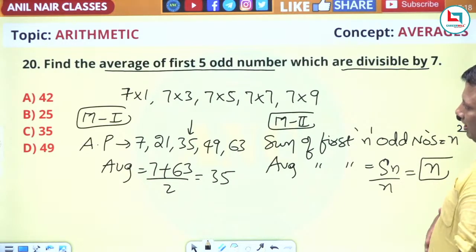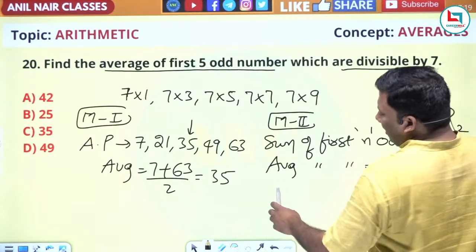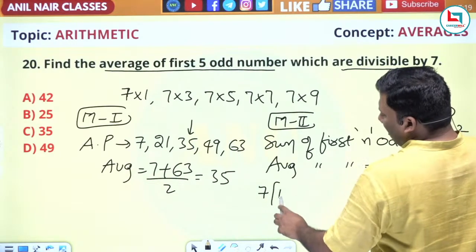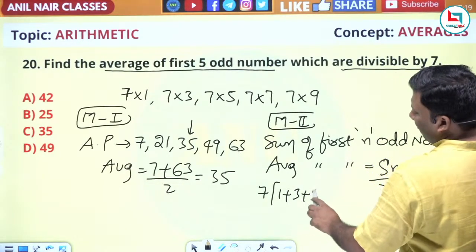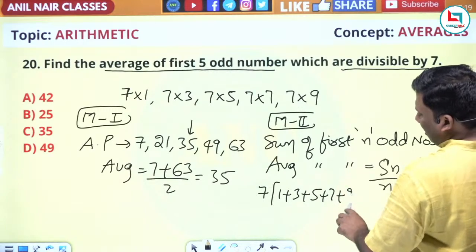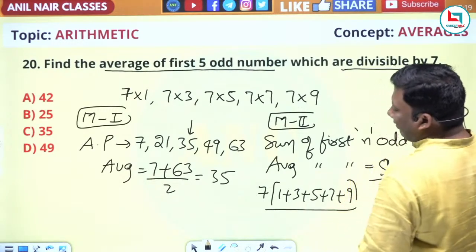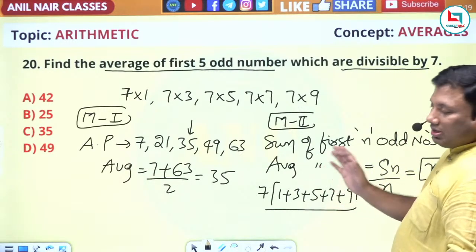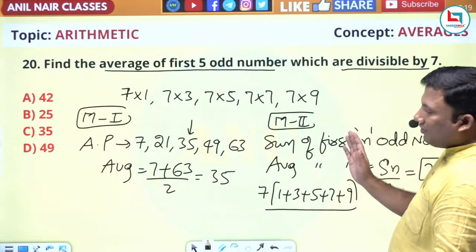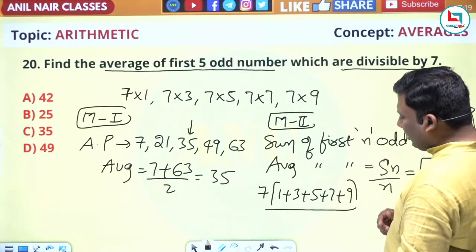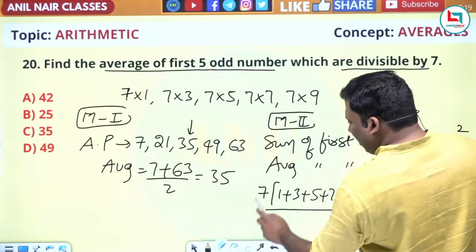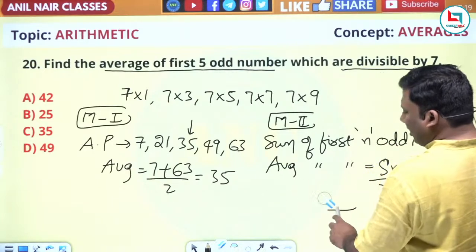If I take 7 common, it is 1 plus 3 plus 5 plus 7 plus 9 divided by 5, this is the sum: 7 into 1, 7 into 3, 7 into 5, 7 into 7, 7 into 9. Why do all this? Directly we will get the answer.